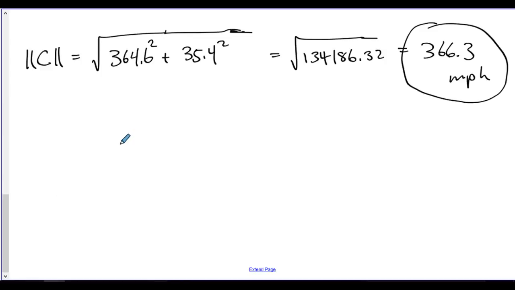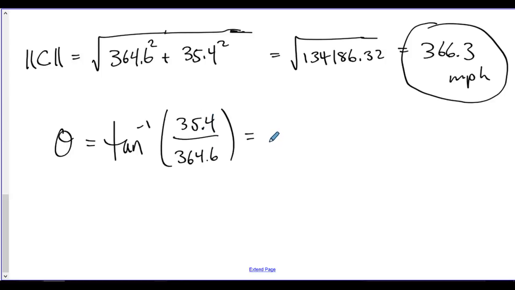So I'm going to try to figure out, first of all, the angle just measured from east, because it'll be the angle in standard position. So that would be theta is tan inverse of the b value over the a value. Both of these are positive, so I don't really have to worry about correcting for the quadrant.